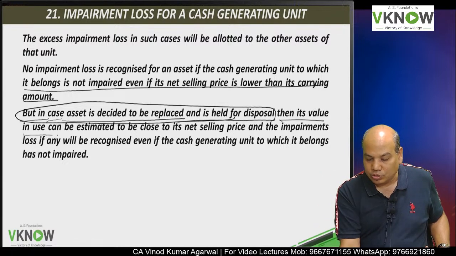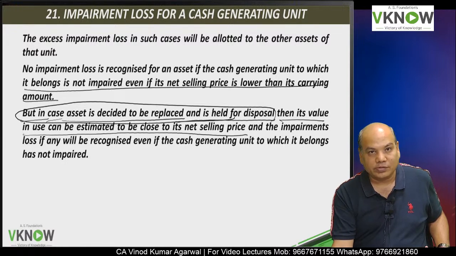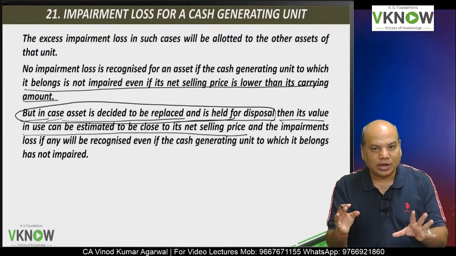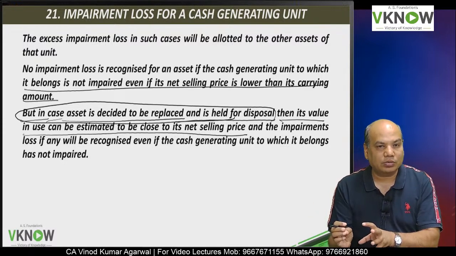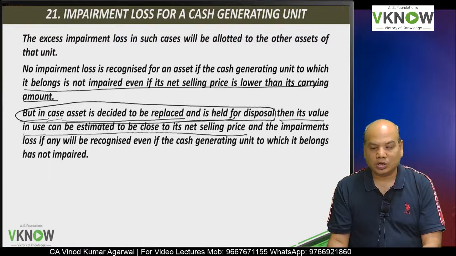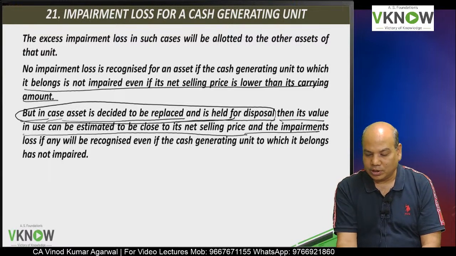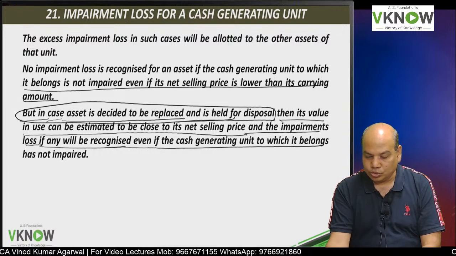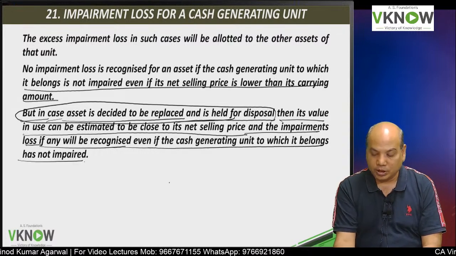Then its value in use is close to net selling price. Of course, if the asset is not going to be used, its value in use means only salvage value, and that will be closer to the net selling price, and the impairment loss, if any, will be recognized even if CGU to which it belongs does not get impaired.